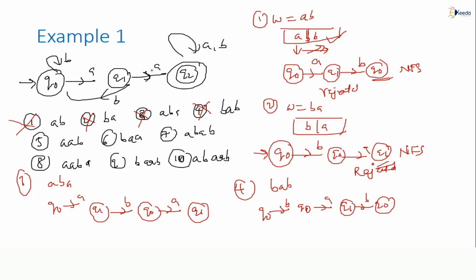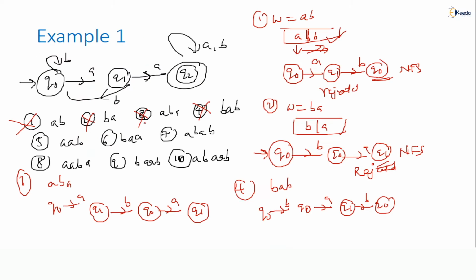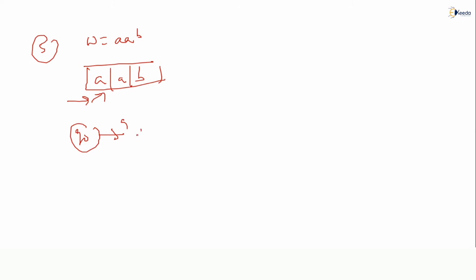Similarly we need to check the fifth one, AAB. Will it be accepted or not? W equal to AAB; the input tape contains A, A, B. Start scanning from A. Q naught on A, Q1.